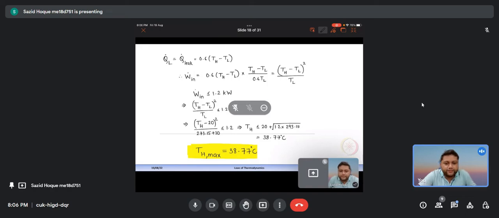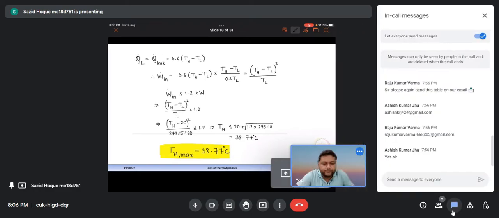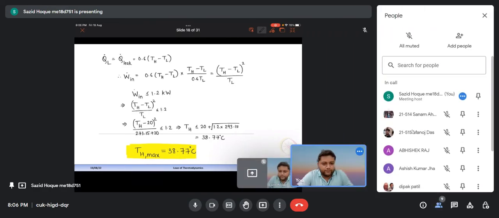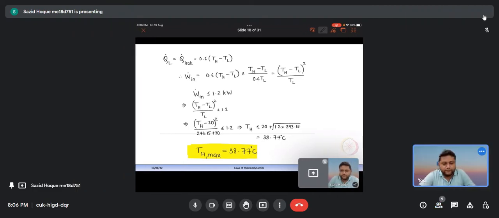Is it clear, this problem? You do the calculation once. I will share the slides so that you are confident in the exam to solve this kind of problem.